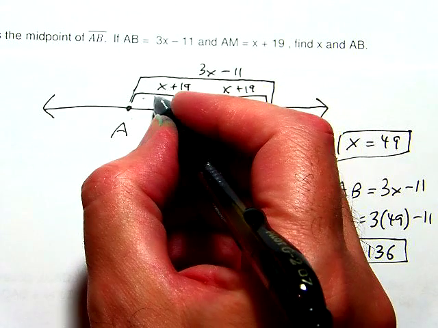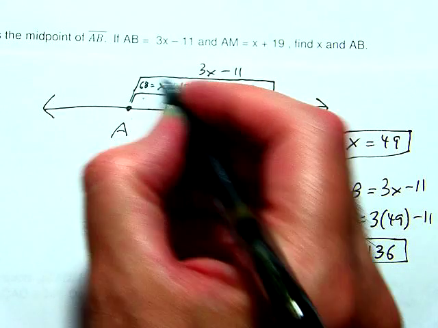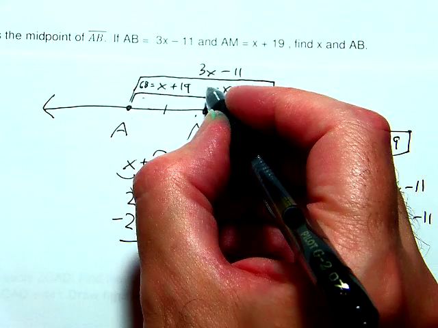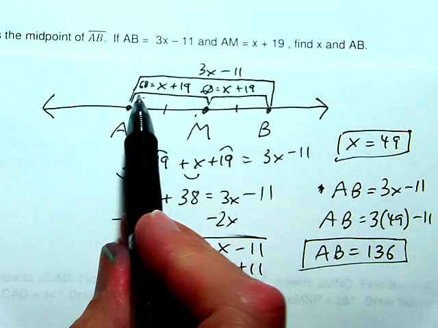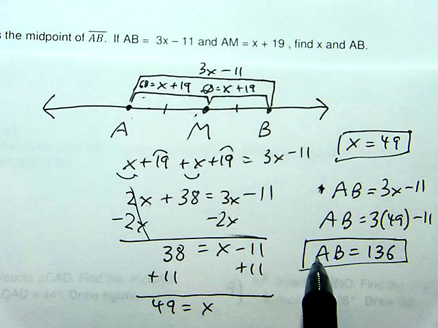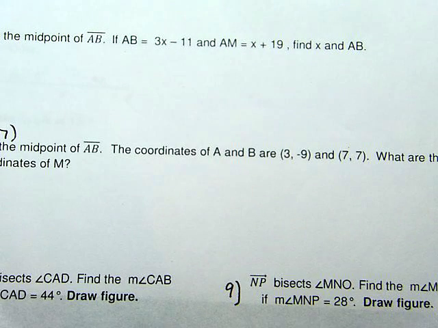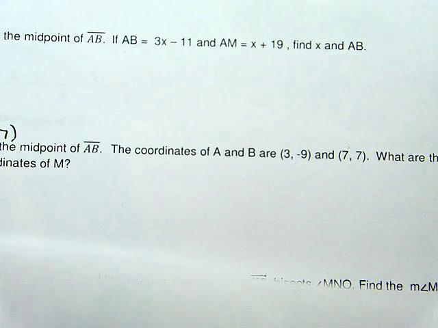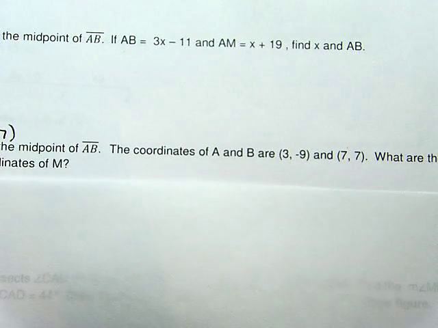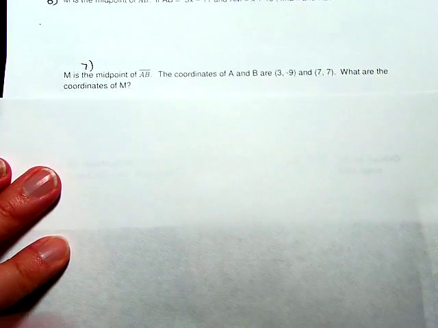So this equals 68, which means this also equals 68. And is 68 plus 68 equal to 136? Yes, it is. So we've been able to double check our answer. I think if you have the time, it's always a good idea to double check your answer to make sure you didn't make a silly kind of math mistake, which we know happens sometimes.